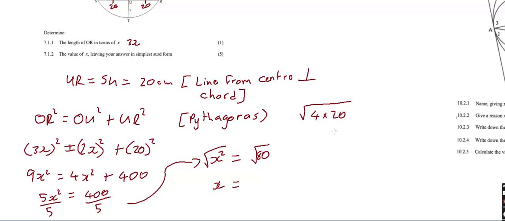The square root of 4 is 2, so this is 2 root 20, but 20 is the same thing as 4 times 5. So the square root of 4 is another 2, so this is going to be 4 root 5 units, or rather centimeters, because the answer was in centimeters. So that is the answer for X.